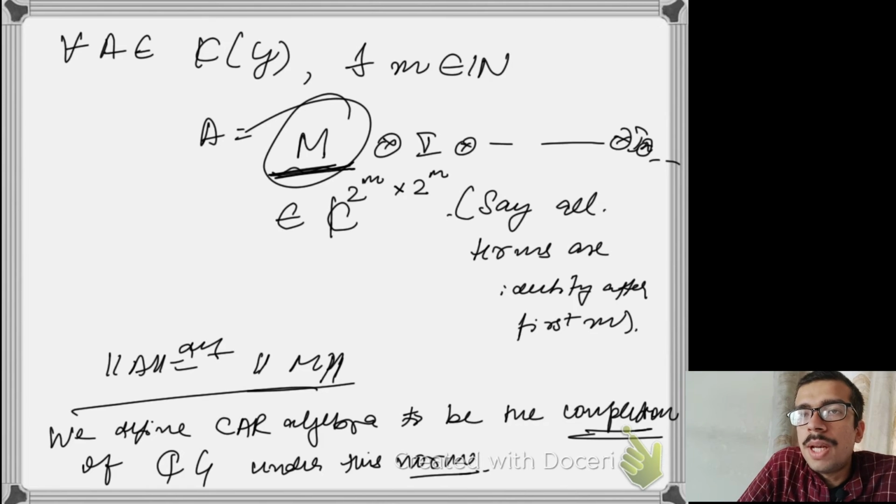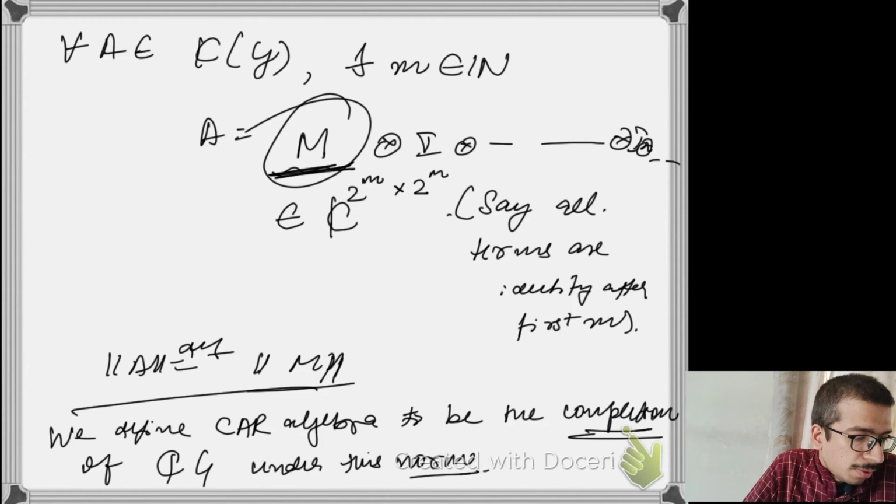So in operator theory, suppose you have any metric space which is not complete, you can always extend it to a smallest metric space which is complete and contains the given metric space. Such a space is called a completion. So we can define a completion of this C of g space, and that will give me the CAR algebra.